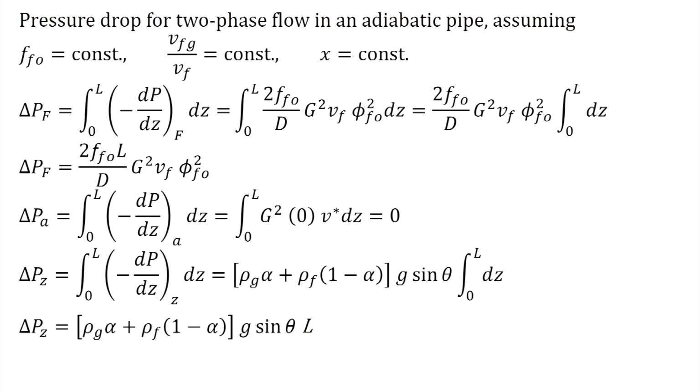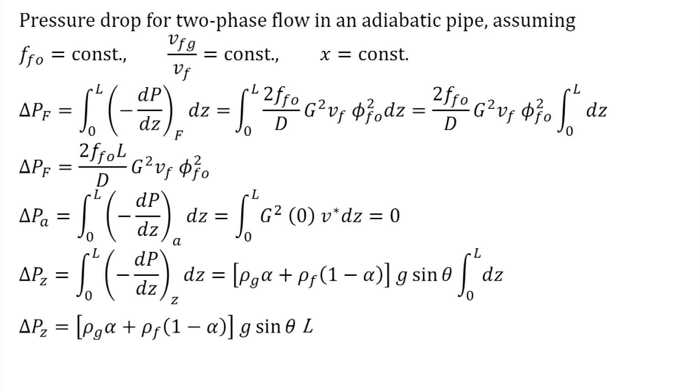So, everything comes out of the integral sign in the expression for delta Pf, and we are left with only integral 0 to L dz, and this is nothing but L. So, therefore, we get delta Pf equal to 2 f FO L by d G square v f phi FO square, and phi FO square we can get from the graph given by Martinelli and Nelson.